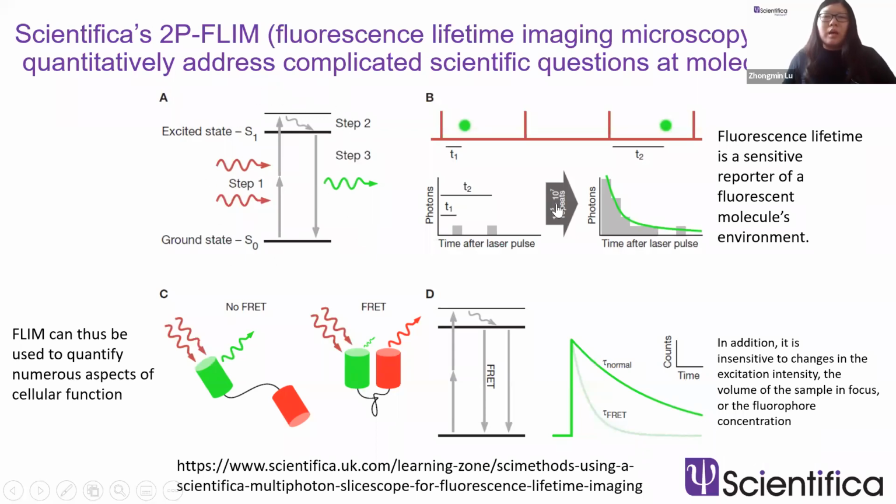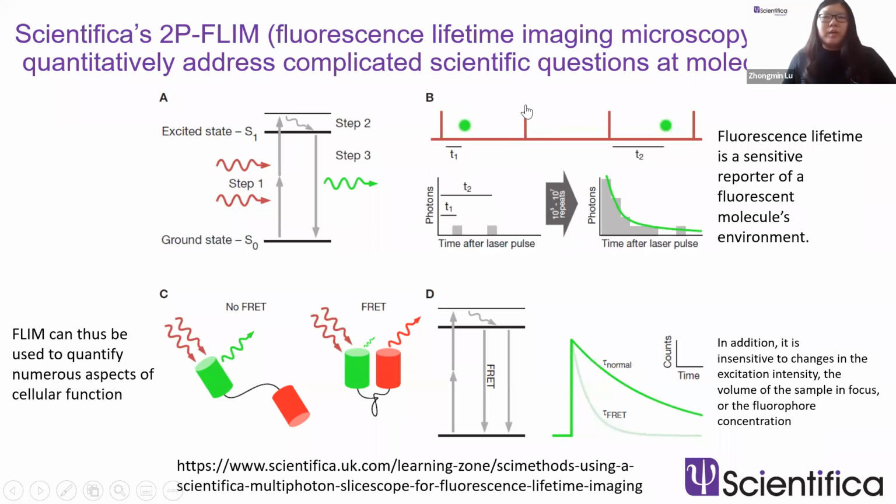The fluorescence lifetime is a sensitive reporter of the fluorophore's molecular environment. Because 2-photon excitation is a low probability event, we can do time correlated single photon counting. This shows how the principle of time correlated single photon counting works.